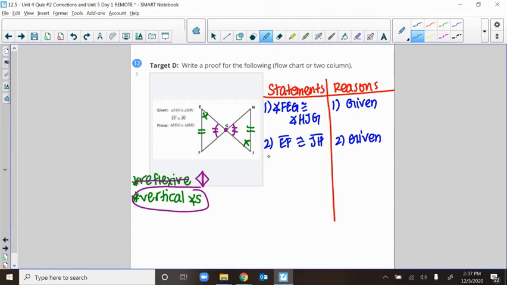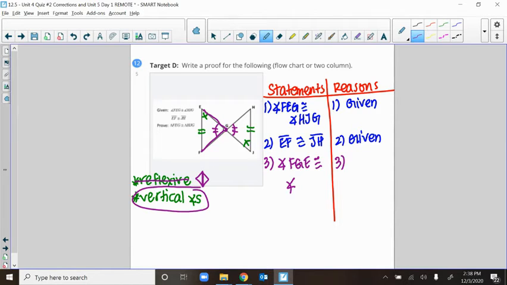FYI, this is not the only way to approach this problem. There are a lot of other ways, but I think this one's probably the easiest. I have to use three letters to describe these angles, otherwise I won't know which angle G you're talking about. So if I go F, then G, then E, angle FGE is congruent to, and you have to make sure the letters match the order in which I started the letters in the first triangle.